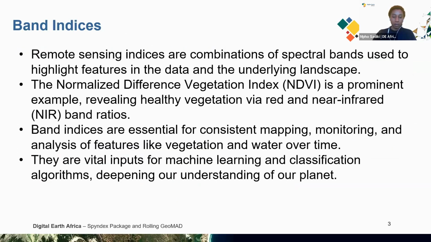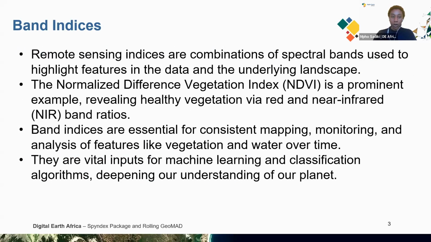So firstly, maybe I should just highlight what band indices are and why these are important. Band indices are a very important part of remote sensing because they allow us to unlock valuable insights from satellite data. They combine different spectral bands, and this helps us highlight specific features within the data and across the landscape.